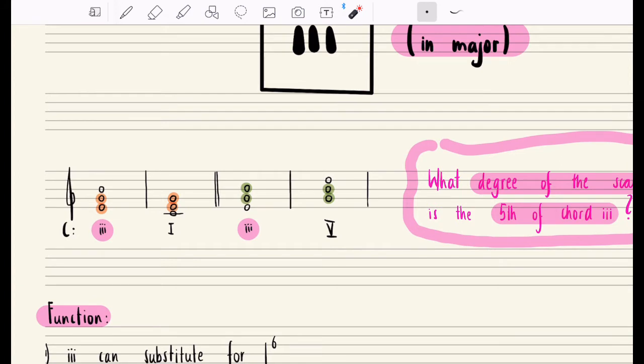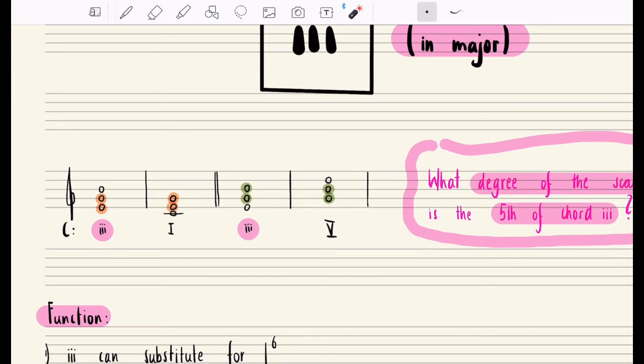Chord 3 is built on the third degree of the scale, so this means that the root of the chord is going to be the third degree of the scale. In C major, this means that chord 3 consists of E, G, and B. And you can clearly see that chord 3 has a lot in common with chord 1. These two chords share two tones in common.